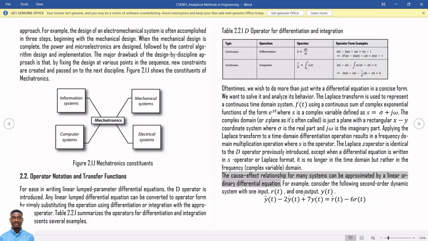For instance, if we consider this second order differential equation, second order because the y here was differentiated twice, and that's the highest order differentiation in this equation. That makes this equation a second order. So this y is in second order, the y here is in first order, while this one was not differentiated at all. But this r here also is in first order, while this r here was not differentiated at all.